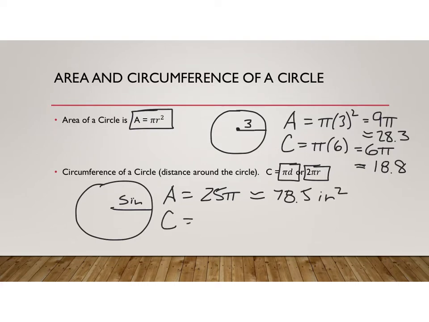The circumference of the circle is the diameter, which would be 10, times pi. And you should be able to do this mentally. That'd be about 31.4 inches. Because remember, that is the arc length of this, or just the total distance around the circle.